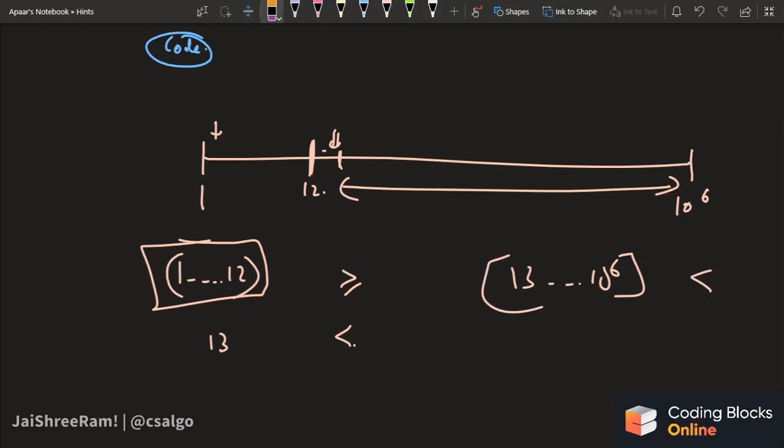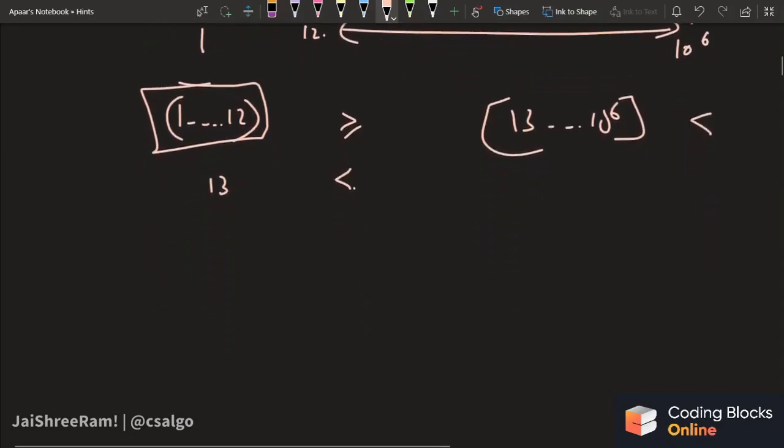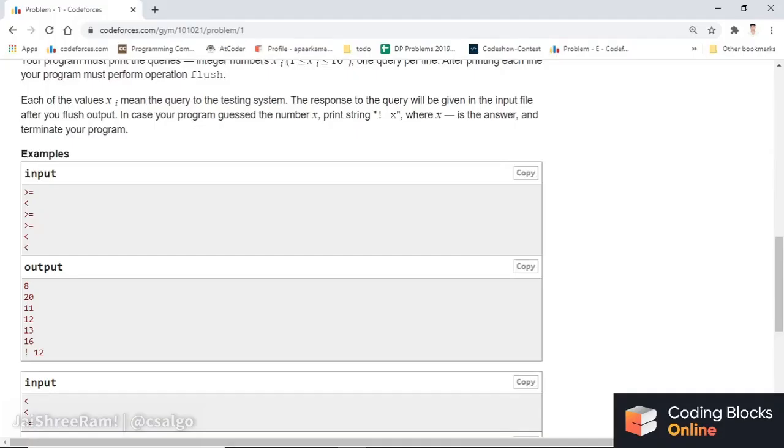I hope you're getting me. Here I'll get greater than or equal to, and here I'll get less than. I want the first index where I'll get less than, and the answer will be one less than that. Otherwise I want the last index where we get the greater than or equal to sign. It's the same thing, right? So guys, how will I find this number in only 25 queries?